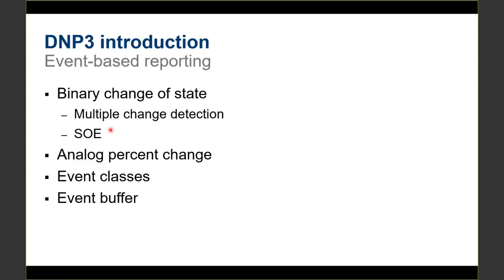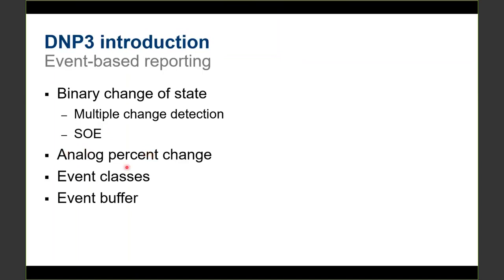So, for example, for the status of a circuit breaker, when we change the status of a circuit breaker from closed to open, it is a digital input event. For analog inputs, an event is an analog percent change, and the user defines this percent in the settings, called a deadband.